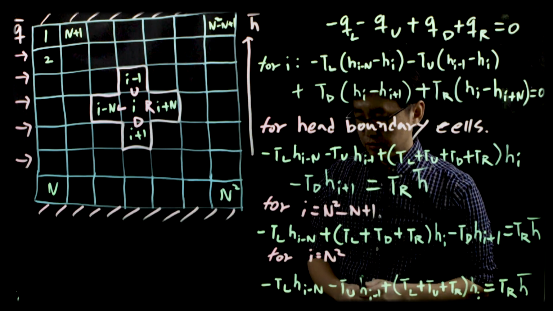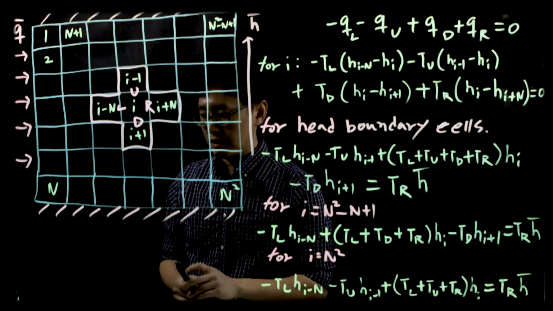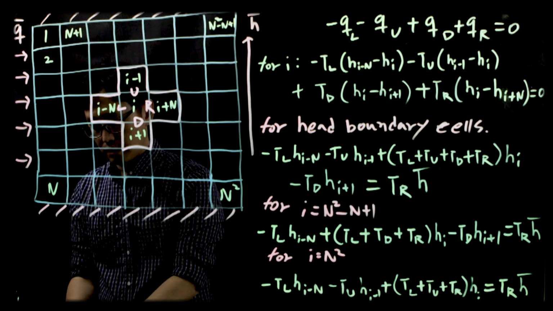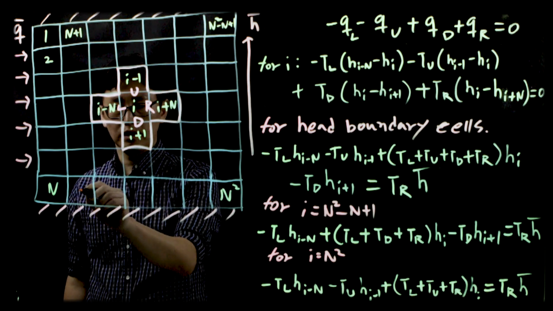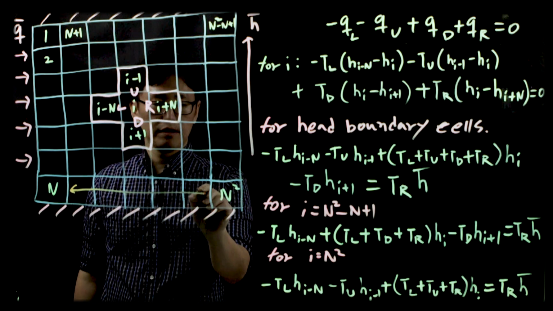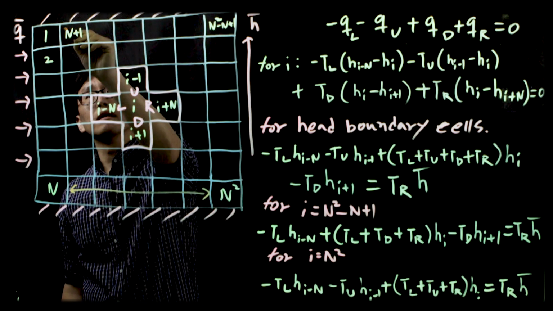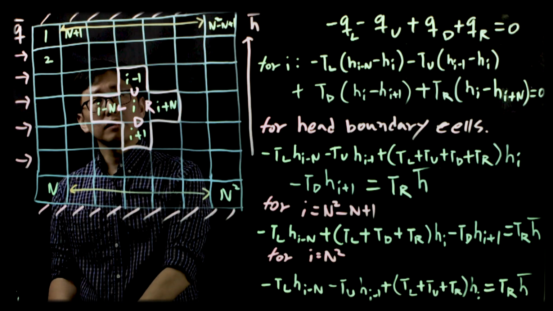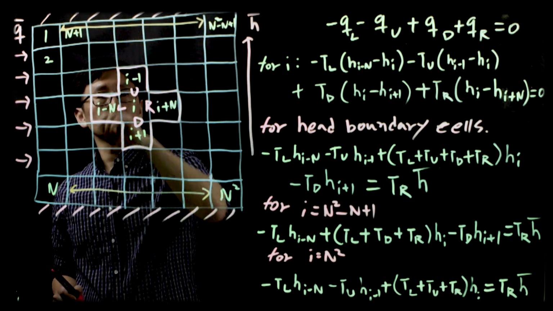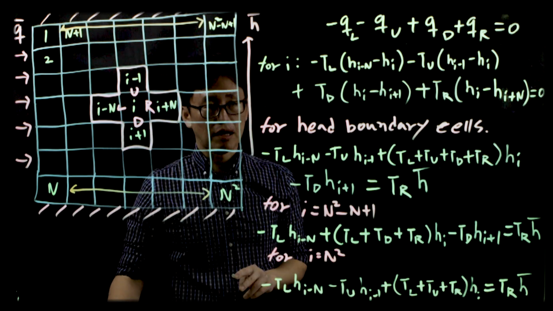And the remaining cells that we have to consider are these impermeable boundary cells, where it covers like this and covers like this. So I will start with the upper impermeable boundary cells.